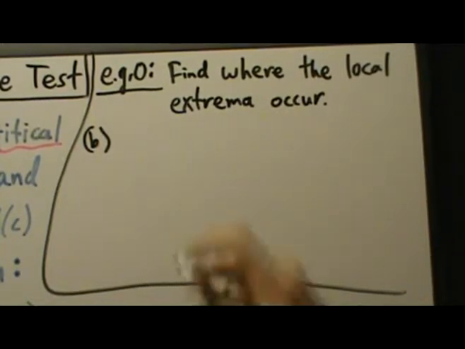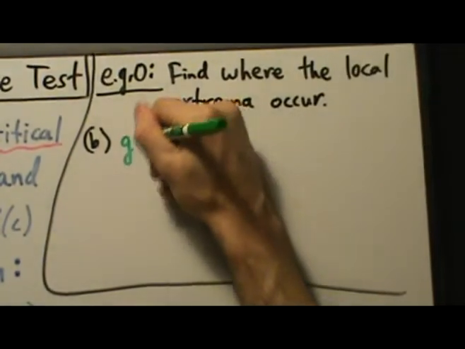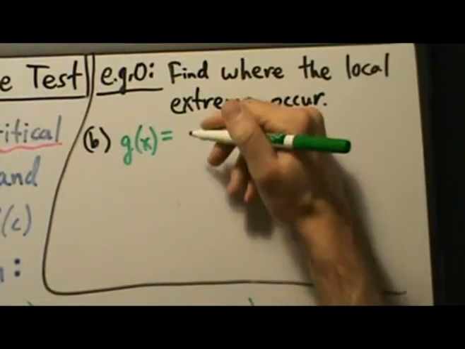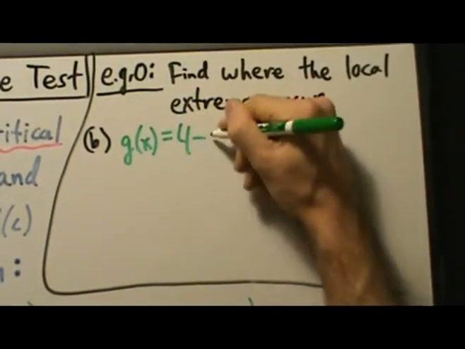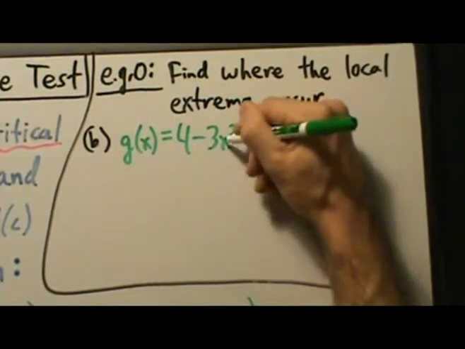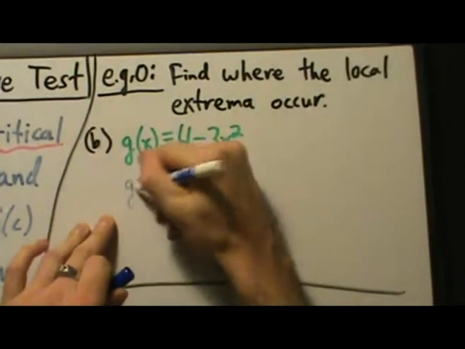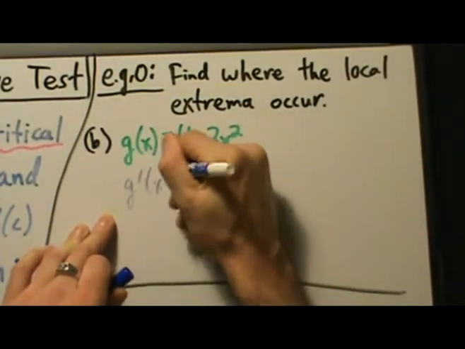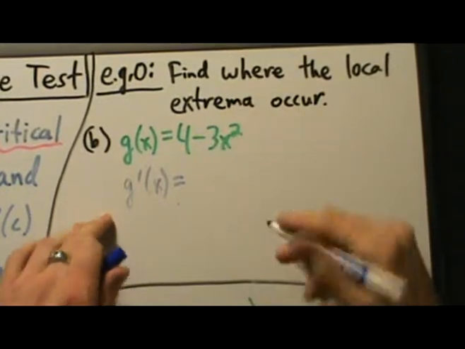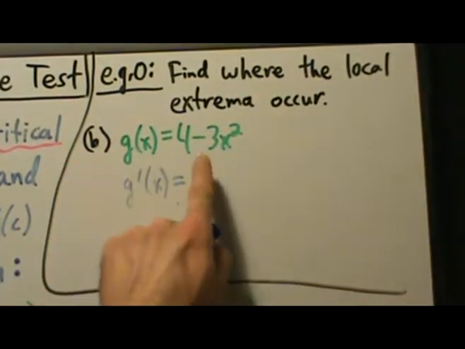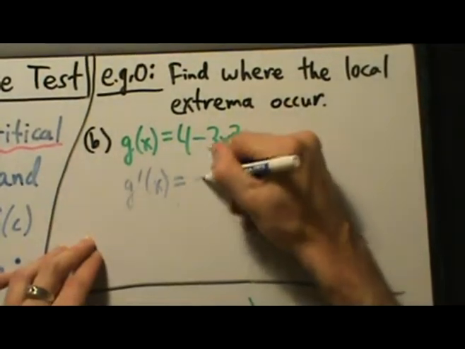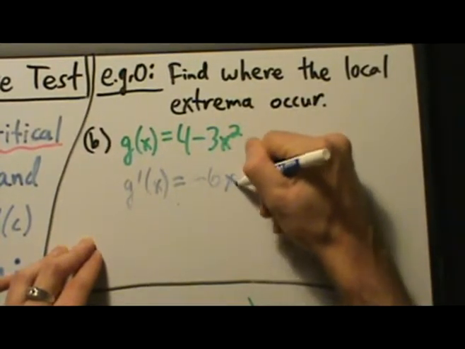So now our function is g of x equals 4 minus 3x squared. Just like before, we're going to take the first derivative and use that to find the critical points. So g prime of x equals, the derivative of 4 is 0, then we have minus 3x squared, so that derivative is negative 6x.